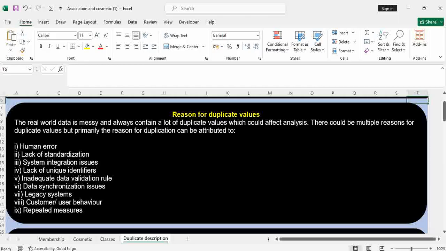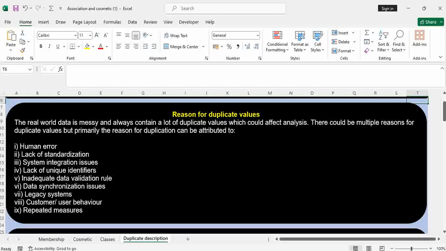You, as a counter officer, do not have a way to check if I already exist in the system. You recapture my details, then this again leads to a duplicate value. So those are the chances that can occur from human errors.